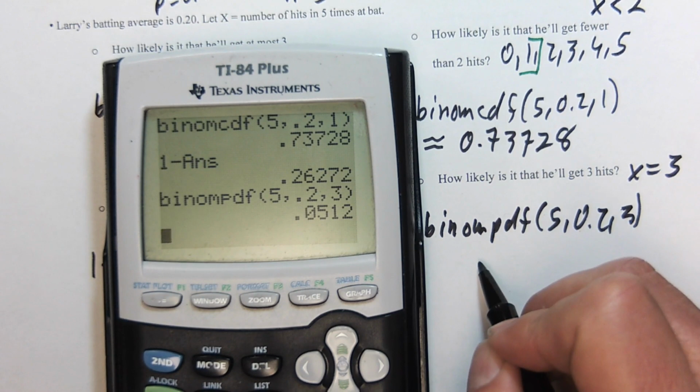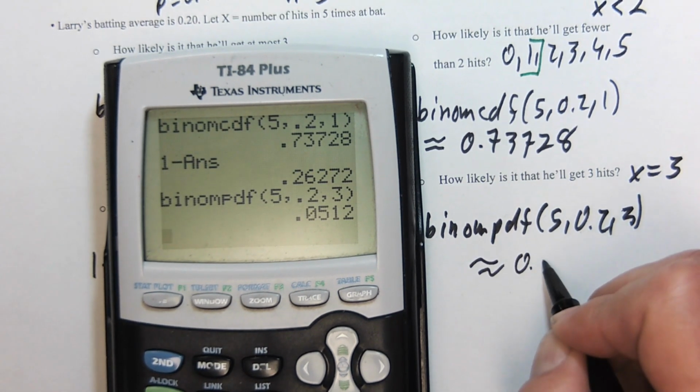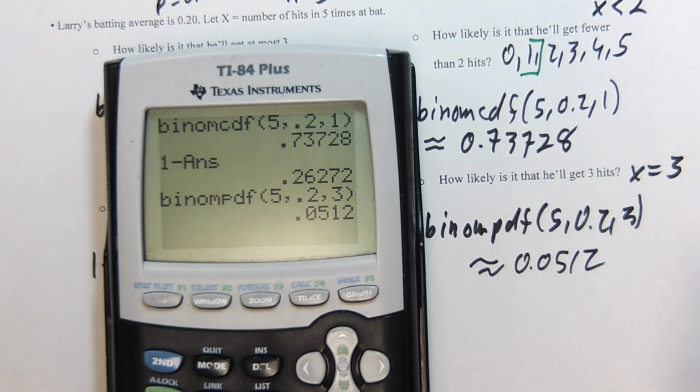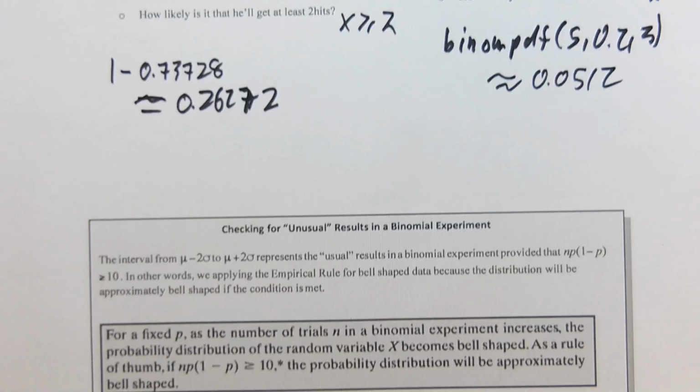So getting 3 hits is probably not something that Larry's going to be able to achieve here. So practice these again, just to get used to the calculator and its functions.